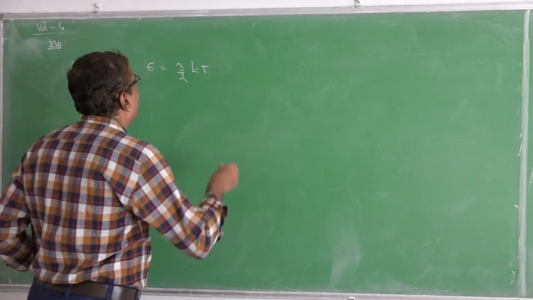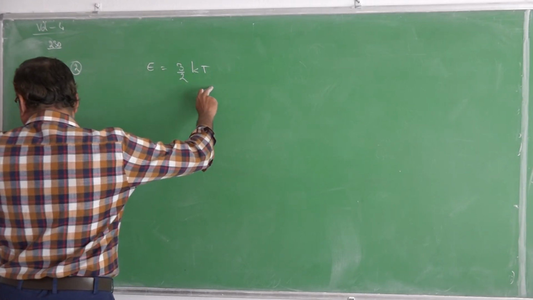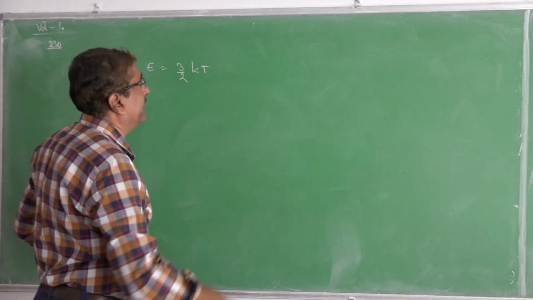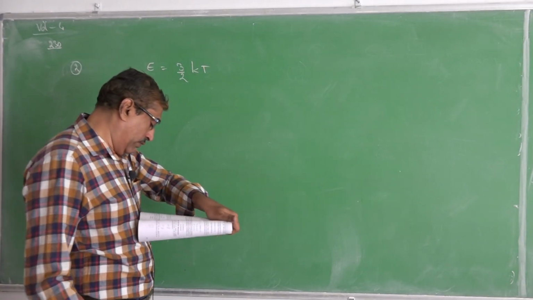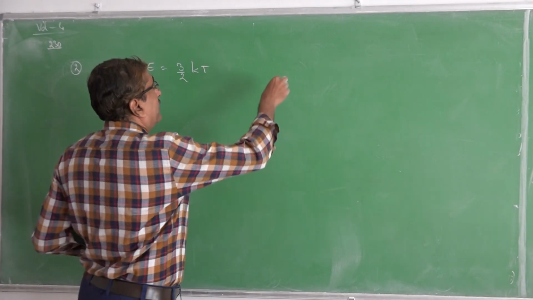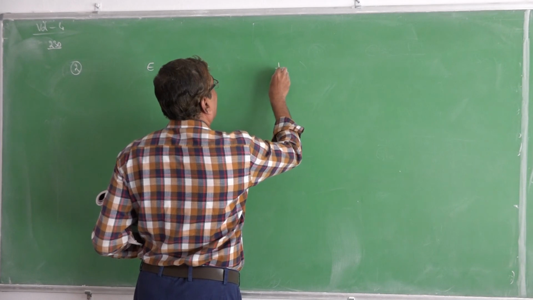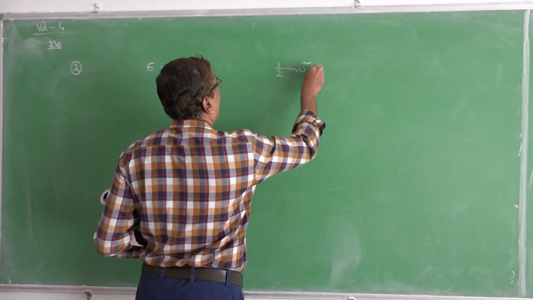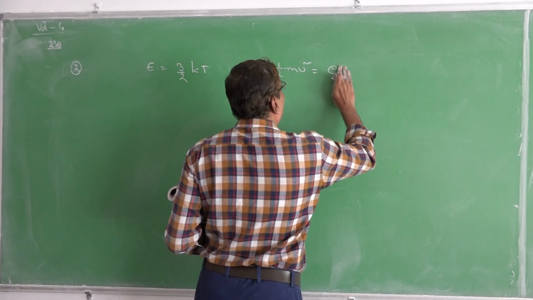Now, if this equals the kinetic energy gained by an electron accelerated through a potential of 1 volt. Okay. So the kinetic energy of an electron when it is accelerated through a potential difference is half mv square is equal to eV.